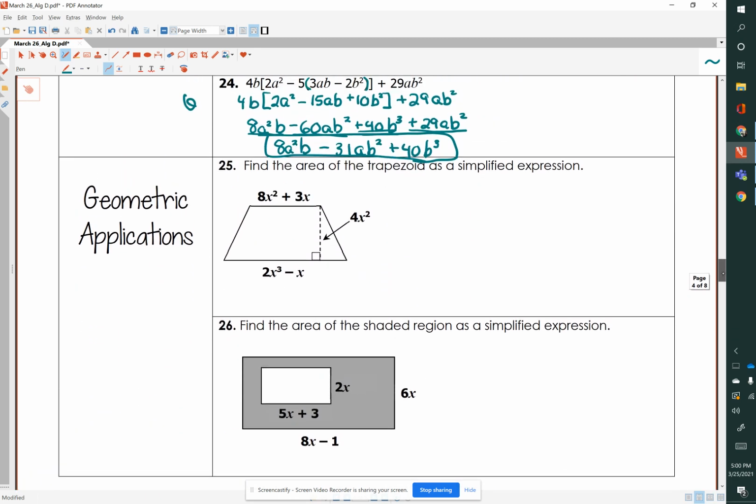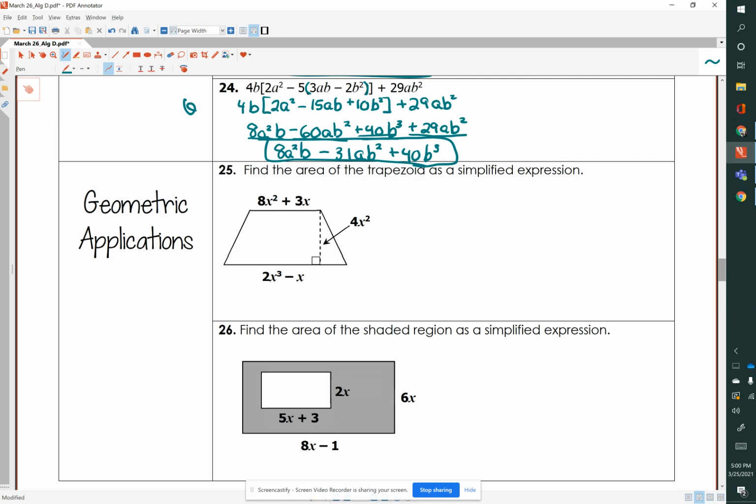So that's what it should look like. So our last two problems today, before we move on to our exit ticket, we have some geometric applications, and we're going to find the area of the trapezoid. So first, we have to know our formula, the area of a trapezoid.